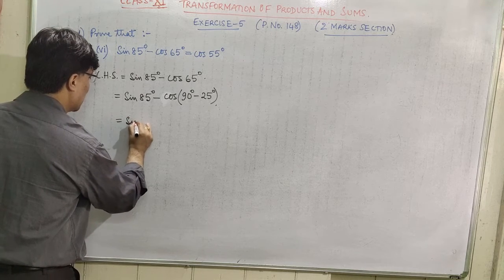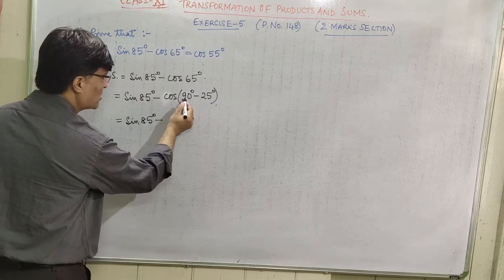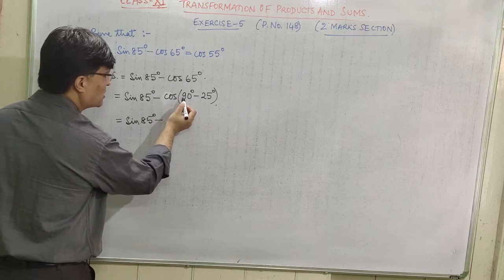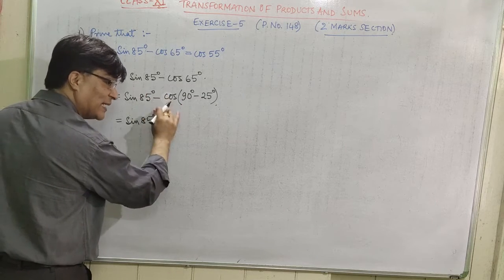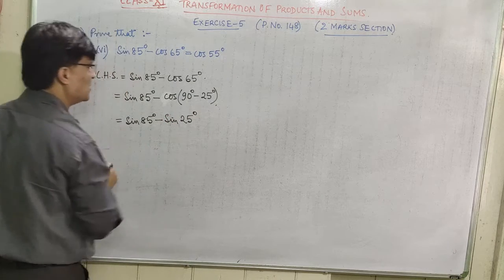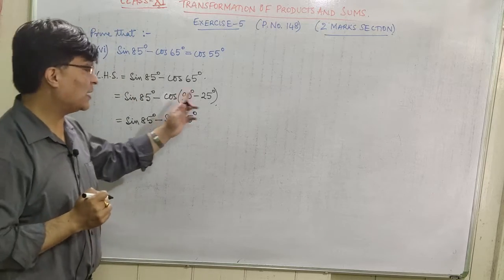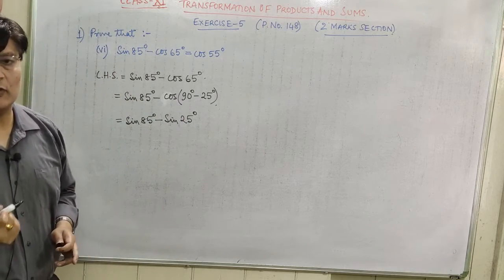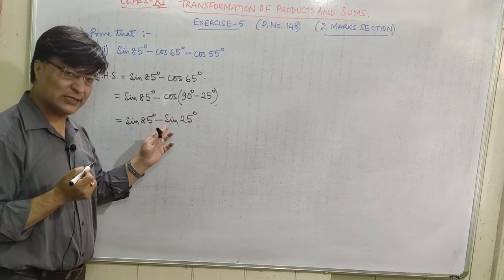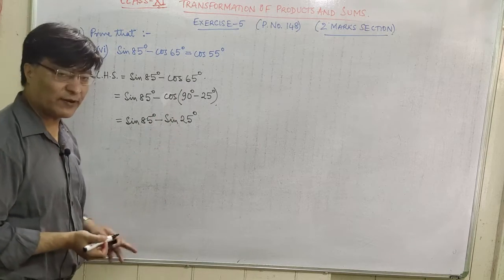So it is equal to sin 85 degree minus cos of 90 minus theta. What is cos 90 minus theta? Cos 90 minus theta is sin theta. So this is sin 25 degree. 90 minus theta lies in the first quadrant. In the first quadrant, cos is always positive, so the sign is plus. Since 90 is an odd multiple of 90, cos changes to sin. So it is sin 25 degree.